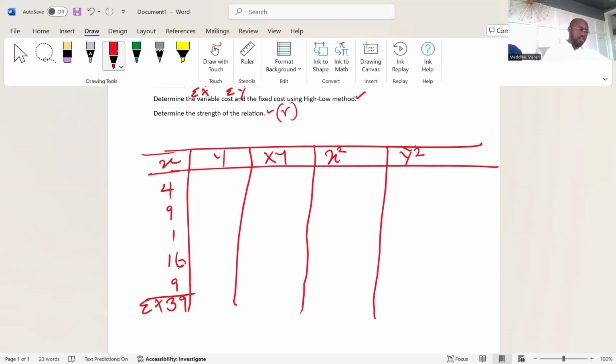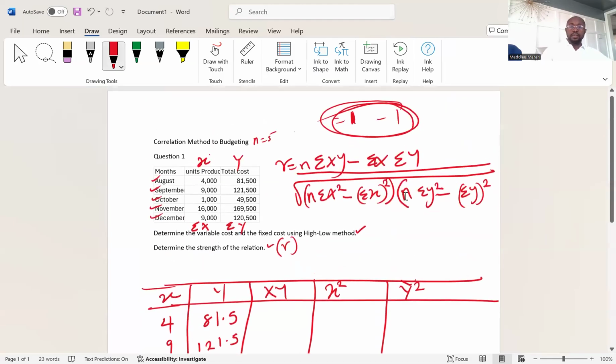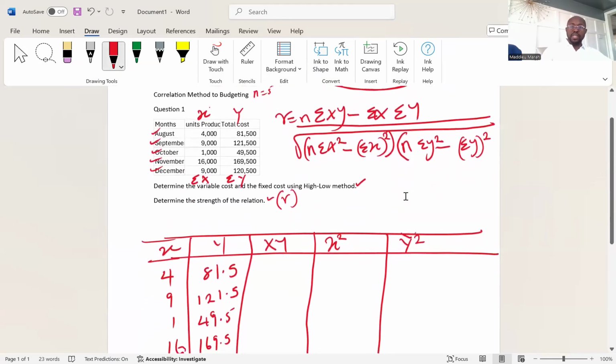Okay, now what are my y values? For y, I have 81,500; killing 3 zeros, this will be 81.5. The next one is 121,500, this will be 121.5. Then 49.5, 169.5, and 120.5.